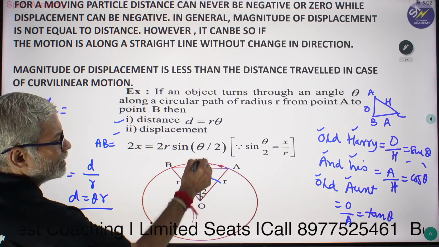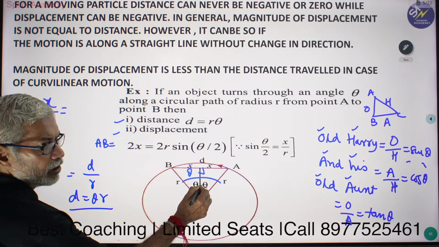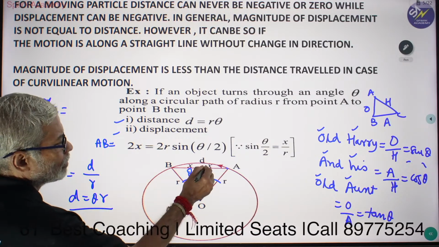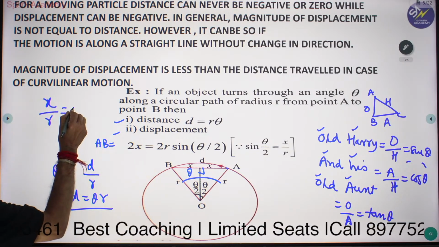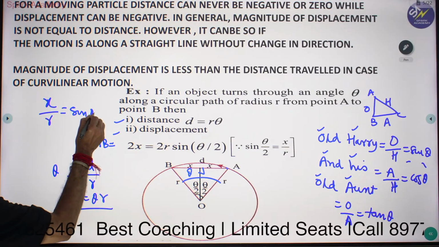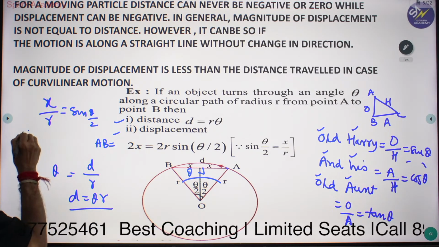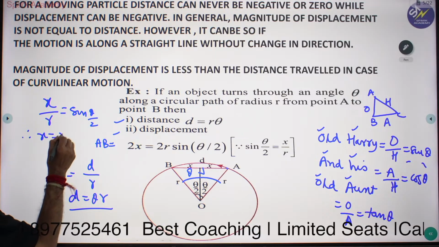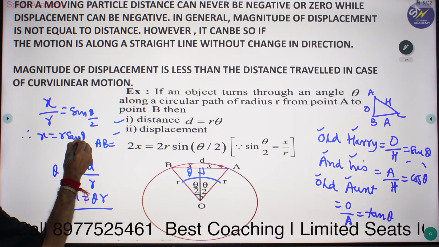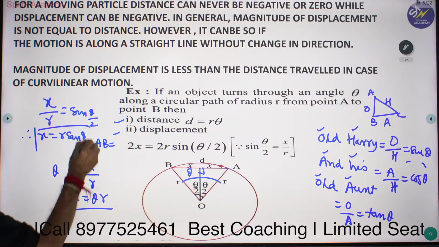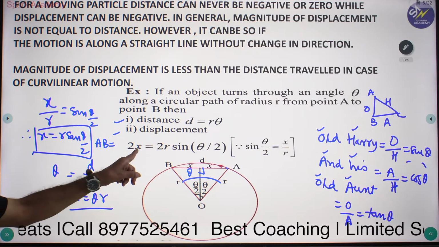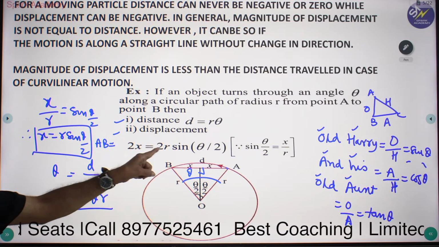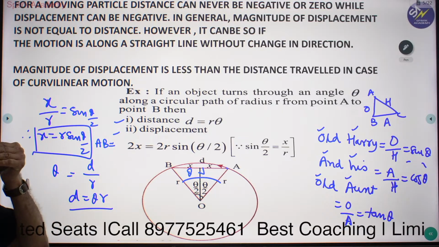If you halve it, this angle will be theta by 2. So x by r is equal to opposite by hypotenuse, sin theta by 2. Therefore x will be equal to r sin theta by 2. So here 2 into x is given, 2 r sin theta by 2.